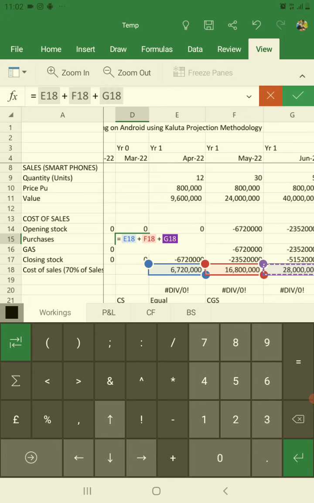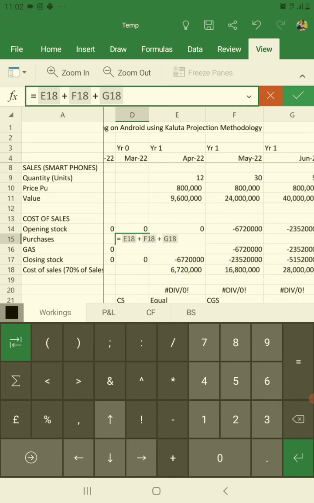Okay, and after that I can put brackets here.